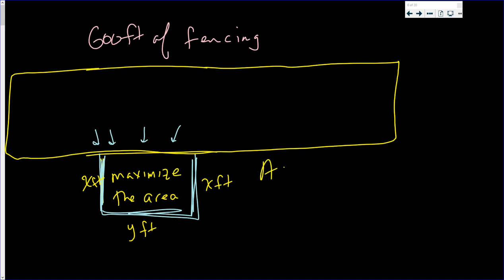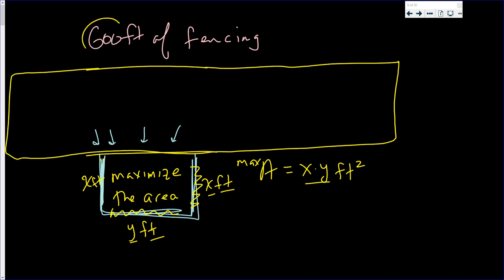So the area is going to be, like always, side times side. It's going to be x times y times foot times foot. X times y times foot is xy square feet. So now you want to maximize this. The problem is that it has two variables.